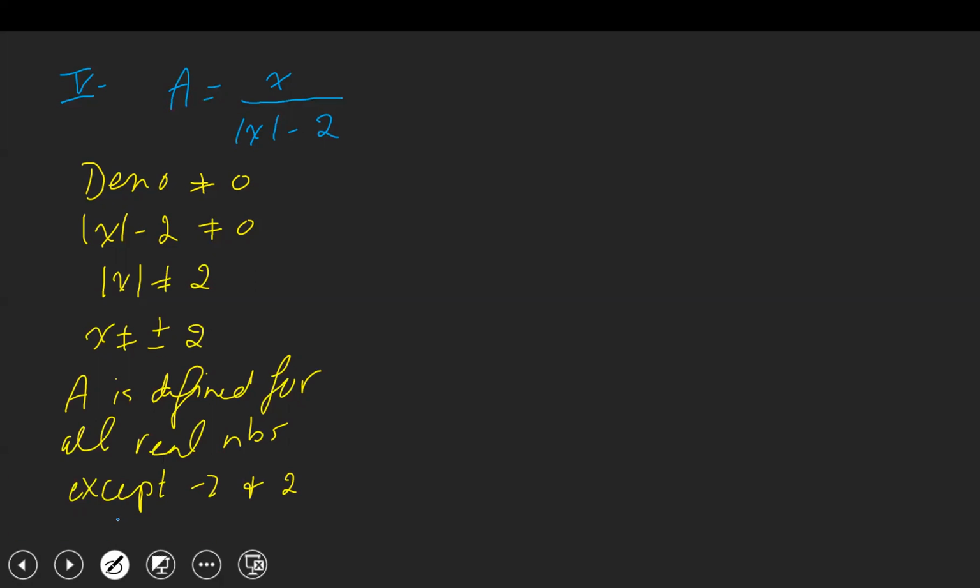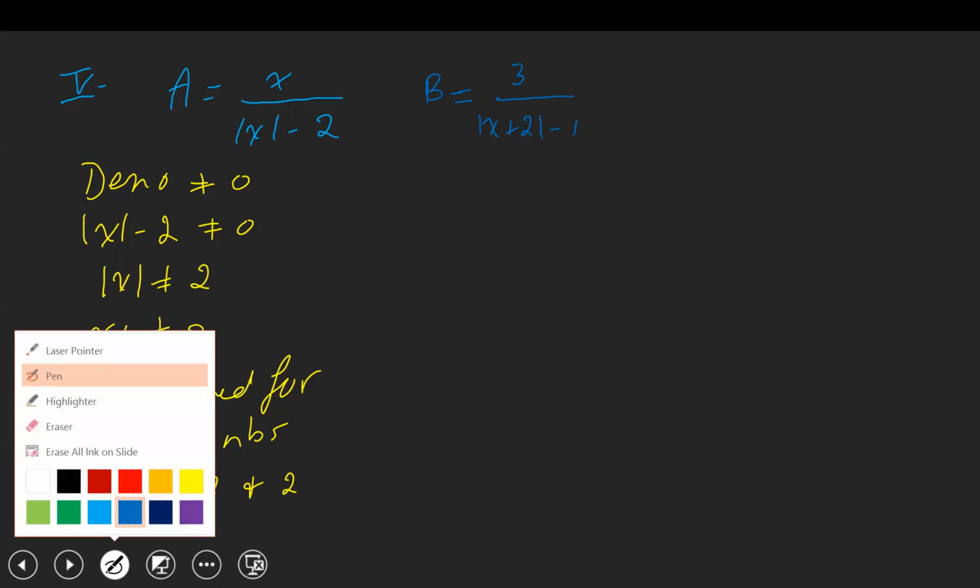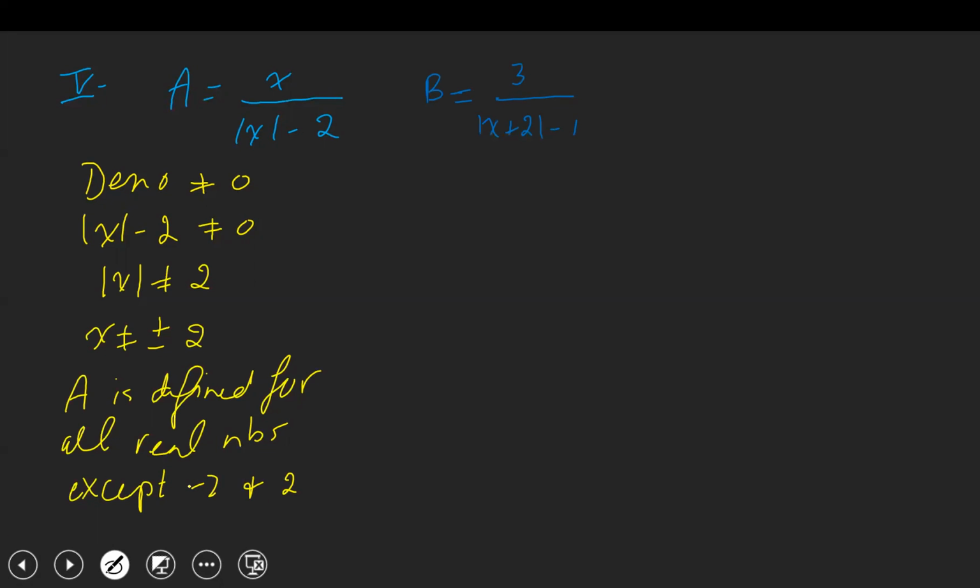Let's try another one. In the second one, we have B equals 3 divided by absolute x plus 2 minus 1. How to find the set of values of x where B is defined? We put the denominator different from 0. This denominator is absolute x plus 2 minus 1 different from 0. Isolate the absolute value and take 1 to the right hand side. Then here we say absolute x plus 2 different from 1.